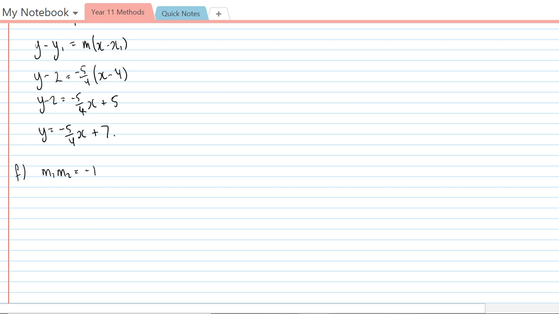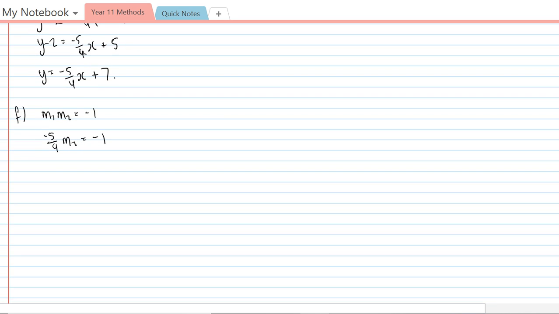Now I know what my parallel gradient is. So I know that -5 on 4 times m2 is -1. So I'm trying to find out what m2 is. That is the gradient of the perpendicular line.